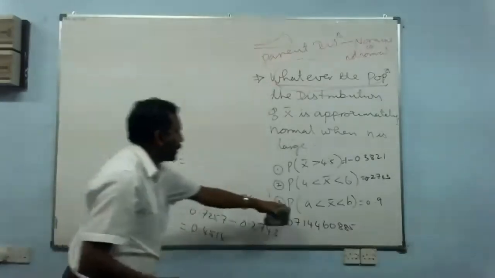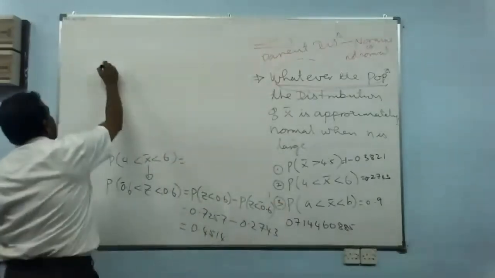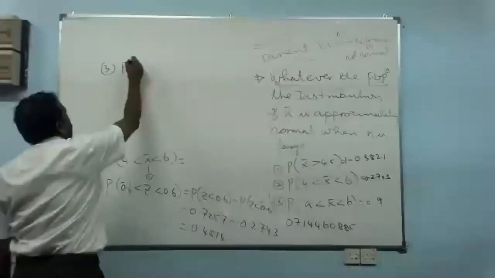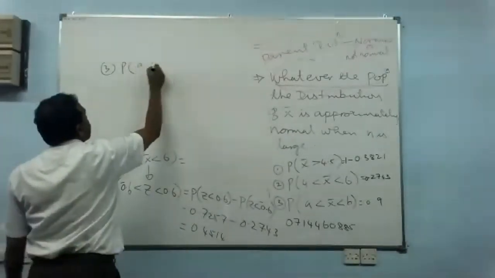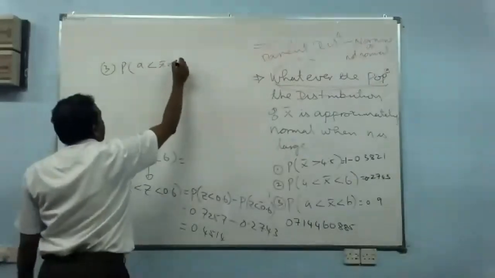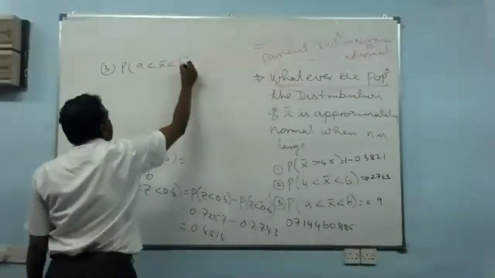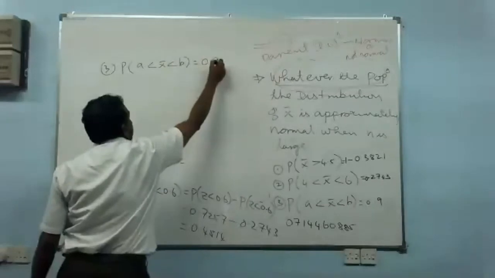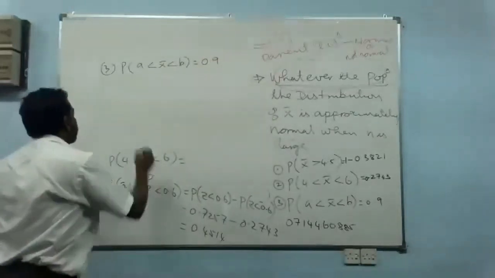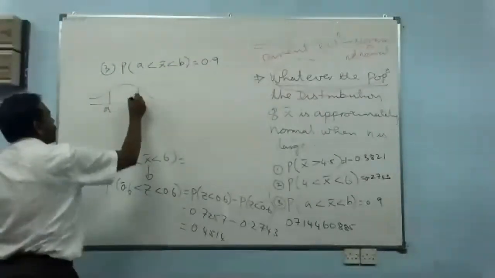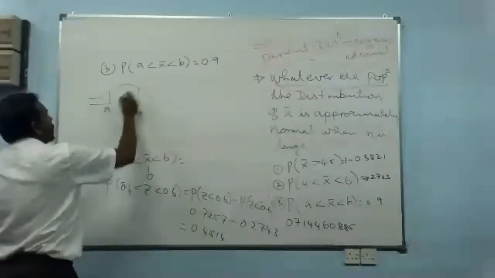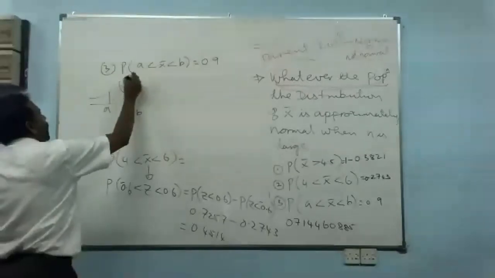What about this? Try to do the third one. A less than x bar less than B is equal to 0.9. So that is basically A, this is B. So this area is 0.9.